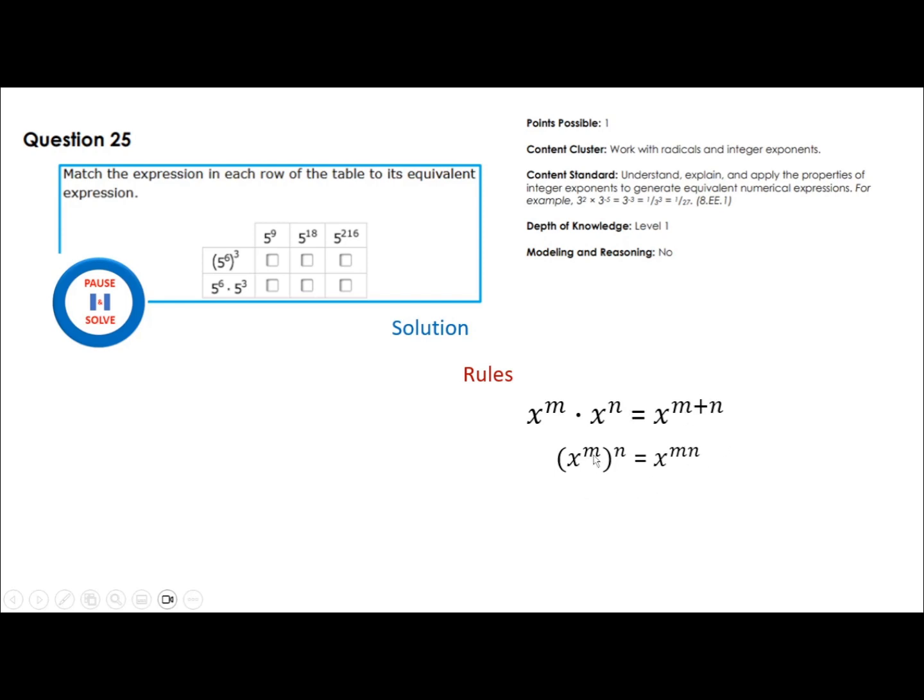And x to the power m to the power n is x to the power mn. You need to remember these rules, okay? So now here, 6 times 3, 18. Good. Here, you add the exponents, you get 6 plus 3, you get 9.